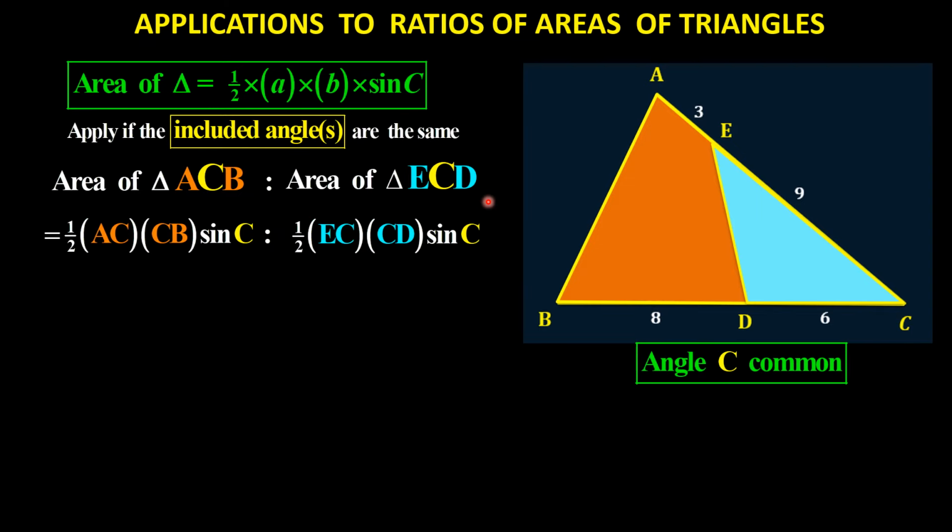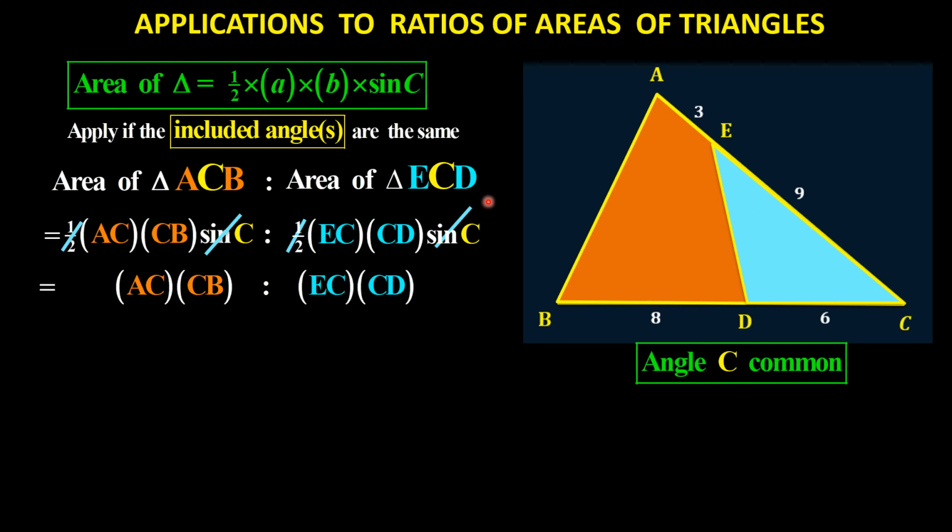EC times CD. Now ratios can always be simplified by dividing throughout by the same value. So let's divide by half, divide by half. Now angle C is the same, therefore sine C is equal to sine C, so we can divide by sine C. There I end up with the product AC times CB and EC times CD.